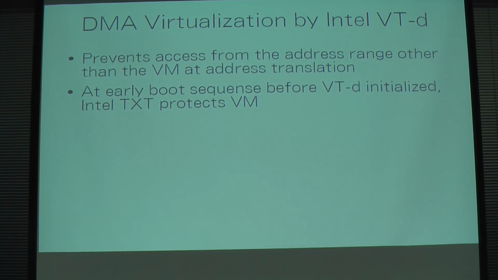So with the aid of Intel VT-d, Qubes OS can establish DMA protection. In the reboot sequence, before Intel VT-d initializes, Intel TXT protects the VM. So if we cannot use VT-d, Intel TXT can protect the VM. So it maintains a secure environment.